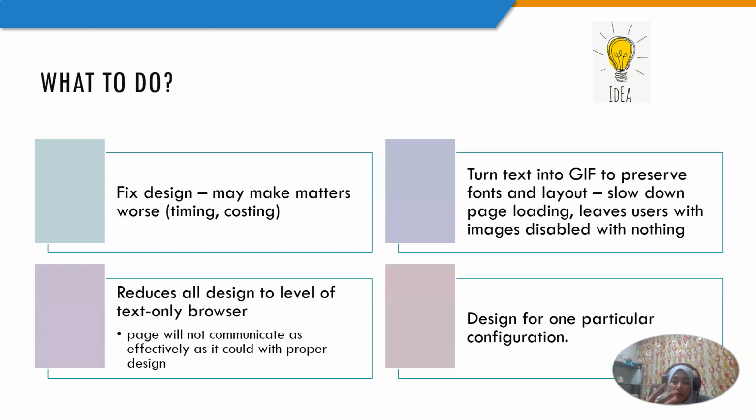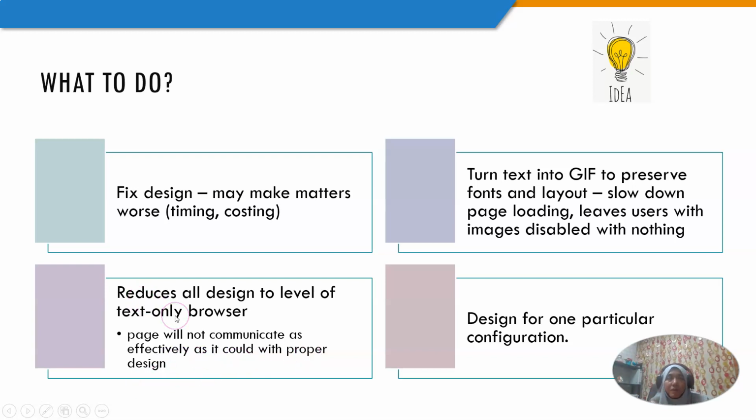So you may change it into a GIF. Instead of text, you can change it into an image, or capture and save it as an image. That is maybe one of the options. But changing everything into images is not always the correct solution, so you need to use it wisely. Or you could reduce all design to the level of a text browser, but the page will not communicate as effectively as it could with proper design.